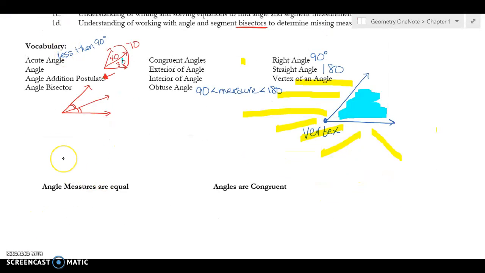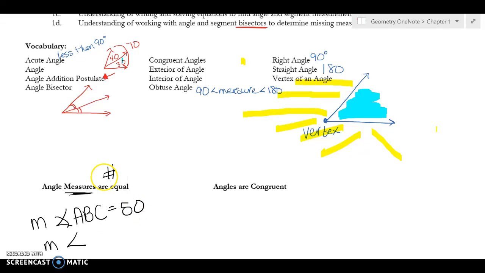Okay, so when angles are equal, one thing we have to know is that angle measure is denoted by an M and then the angle sign in front. I will put the arc on it so that you don't think it looks like an O. But the measure of angle ABC, let's say, is 50 degrees. Measures have numbers.